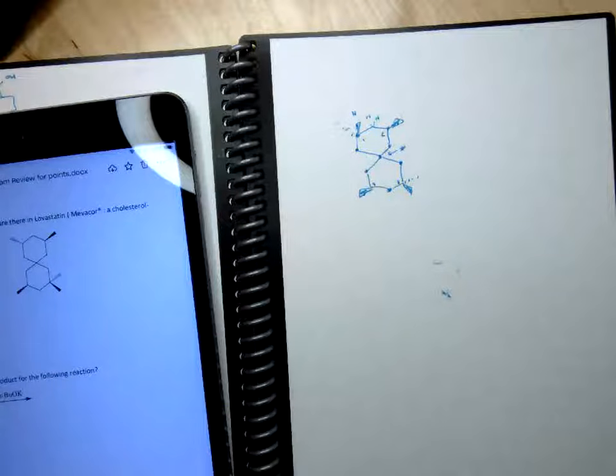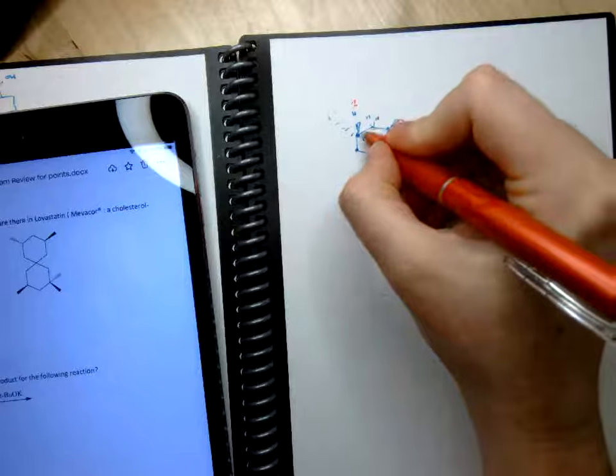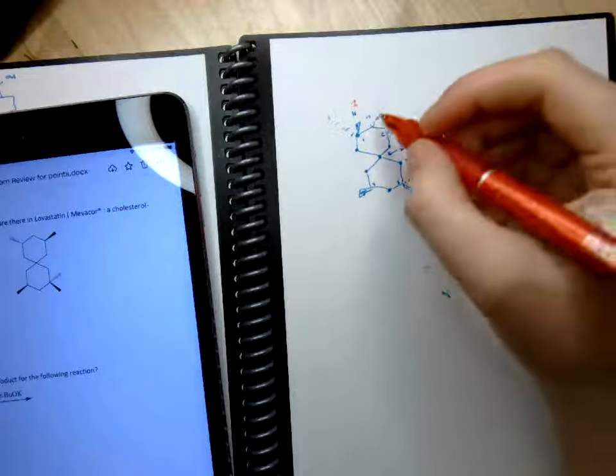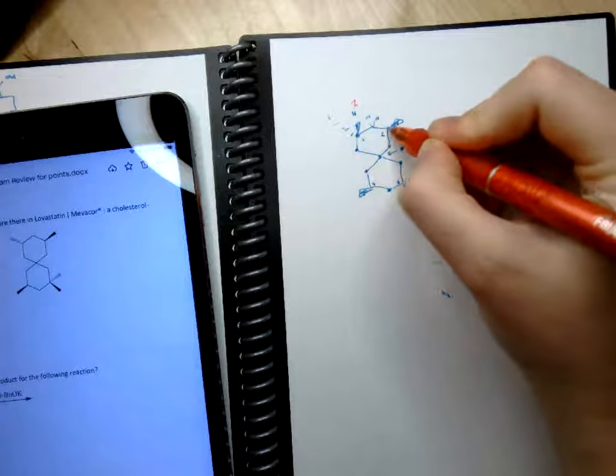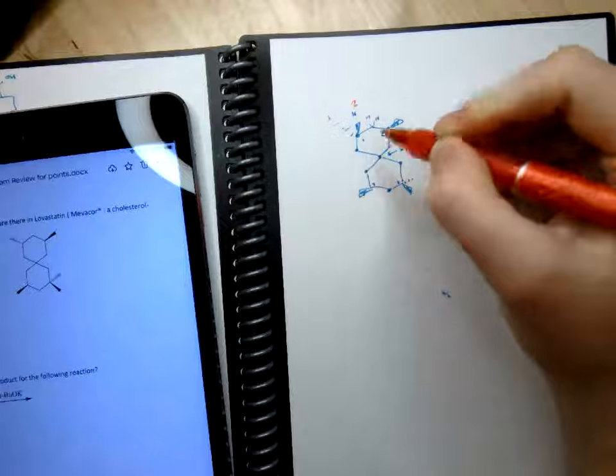So there are 1, 2 CH2 groups. So are those 2 different? Because you need 4 different things attached. This is CH2, this is CH2, this is CH3, and this, as we keep going, is a carbon.